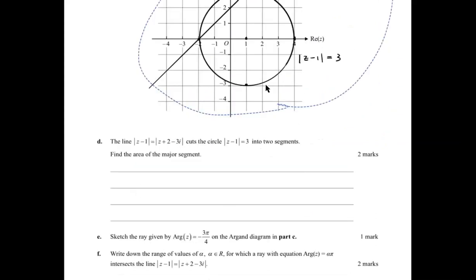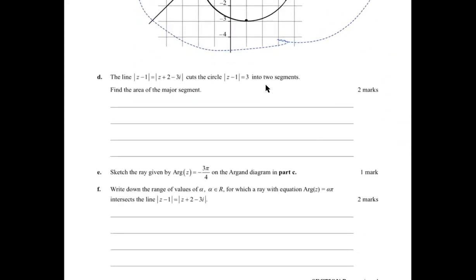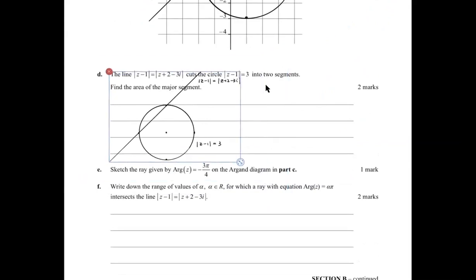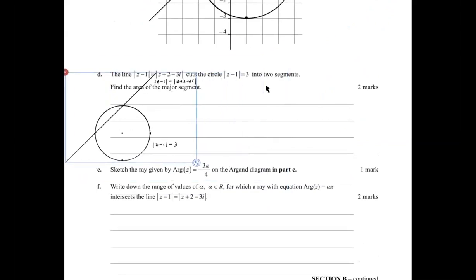Copy and paste here. We want the area of the major segment. So it's this guy here. The angle, instead of using half pi, this is half pi, we use the outer angle, 3 pi over 2.